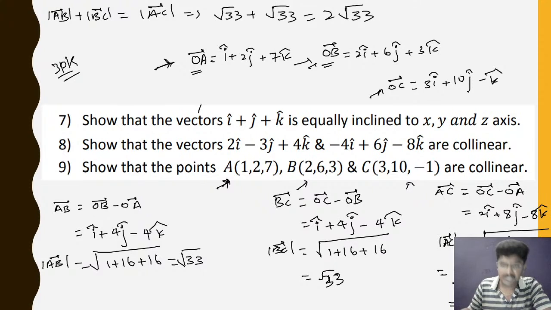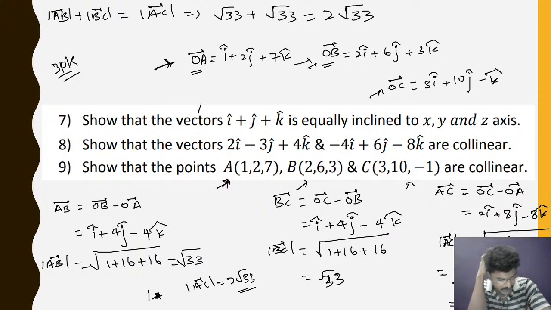Here mod of AC is equal to 2 times root 33. You can check it, no problem. So I think everyone, have you got the answer for problem number 9? Please tell me. Mod AC is nothing but square root of 4 plus 8 square is 64 plus 64. That will be root of 132.